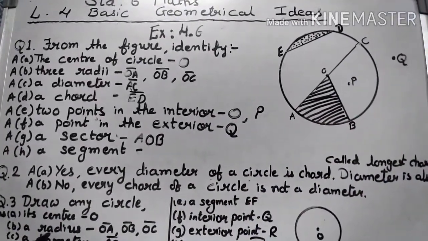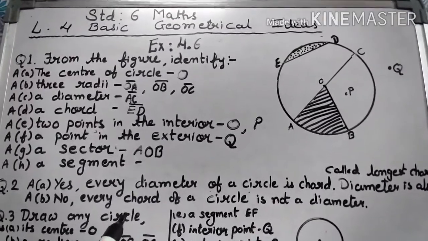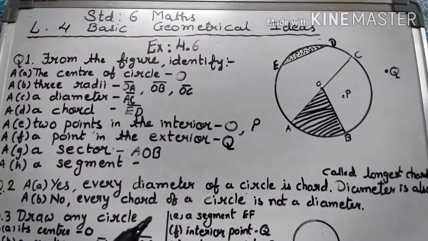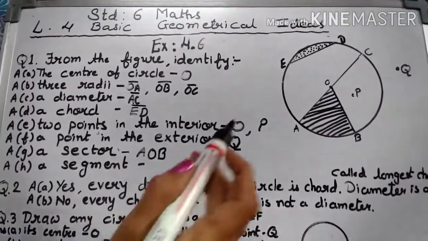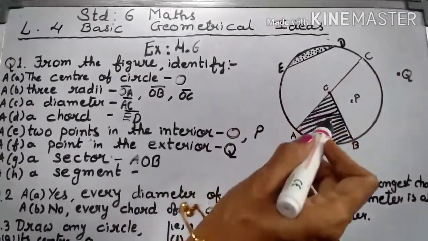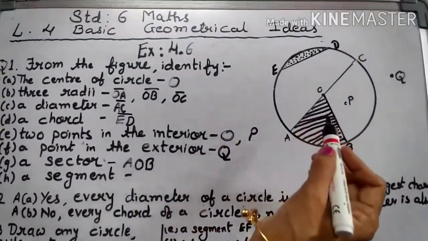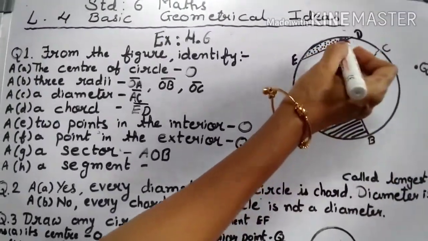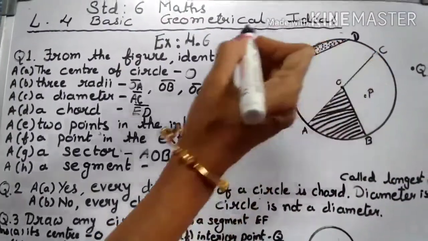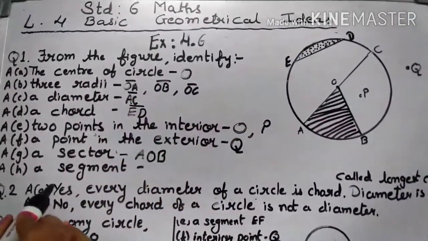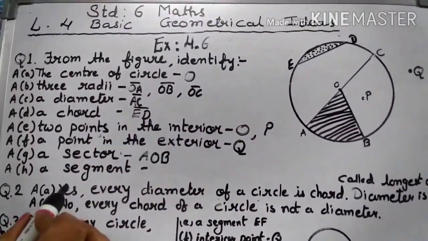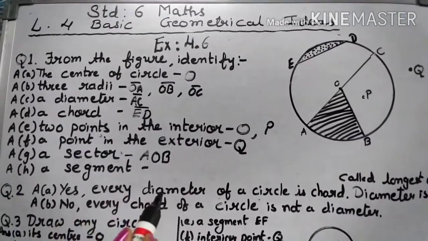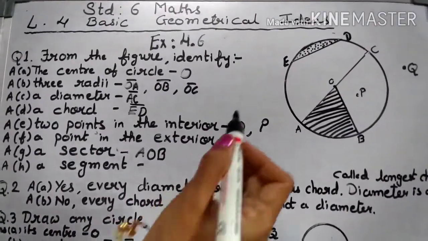Now, a segment. Students, as I had explained to you, a segment is a region in the interior of a circle which is enclosed by an arc and a chord.